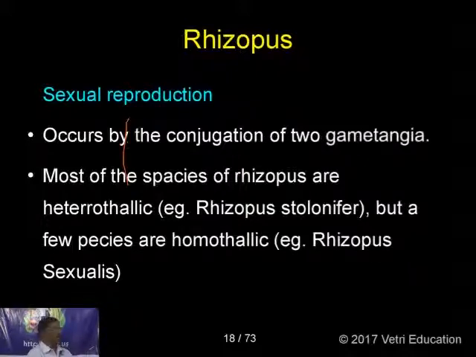So here you cannot find male and female structures, and we can call them strains, plus and minus strains. They develop from different thalli. Regarding the heterothallic example, Rhizopus stolonifer, and a few species are homothallic, example Rhizopus sexualis, where the fusing gametangia may be from the same thallus or same type of species.